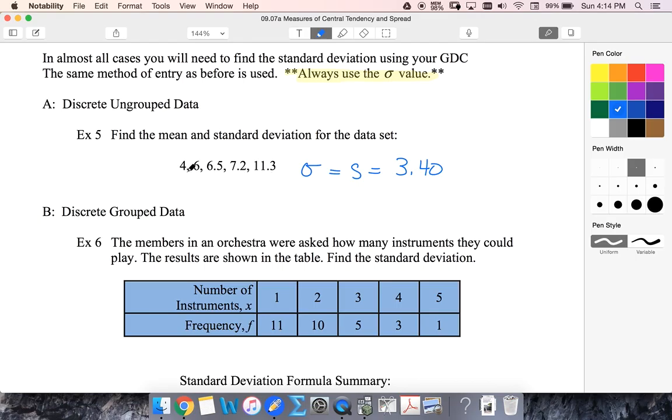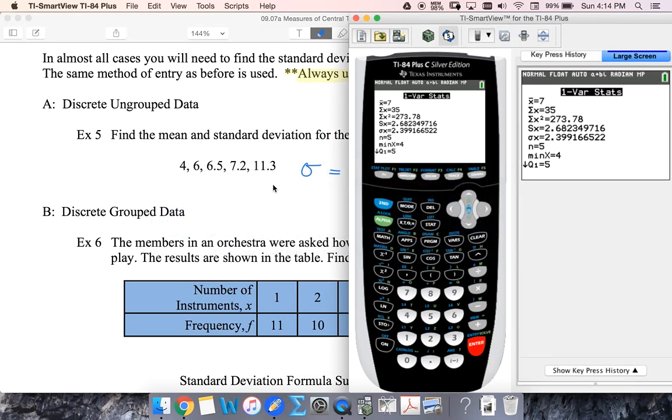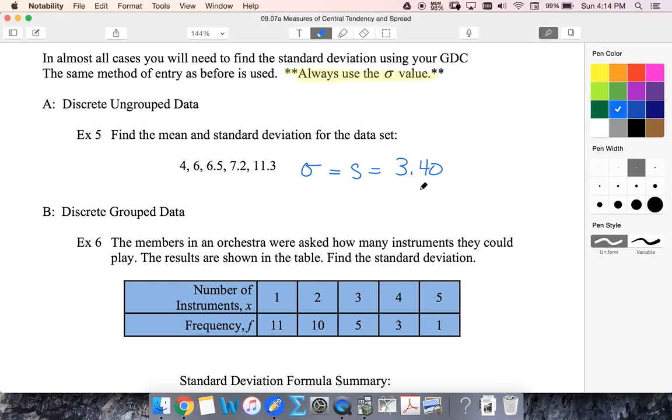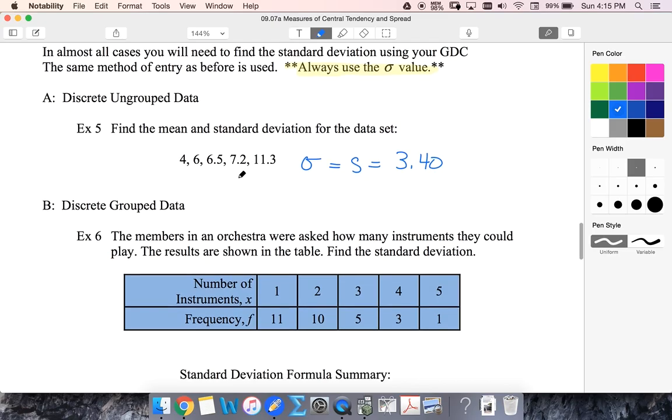We've got 4 to 11.3 with only 5 data points. So from our mean, which is 7, 7 plus 3.4 is going to give me 10.4, so close to this. 7 minus 3.4 would give me 2.6, so that's covering my data points.